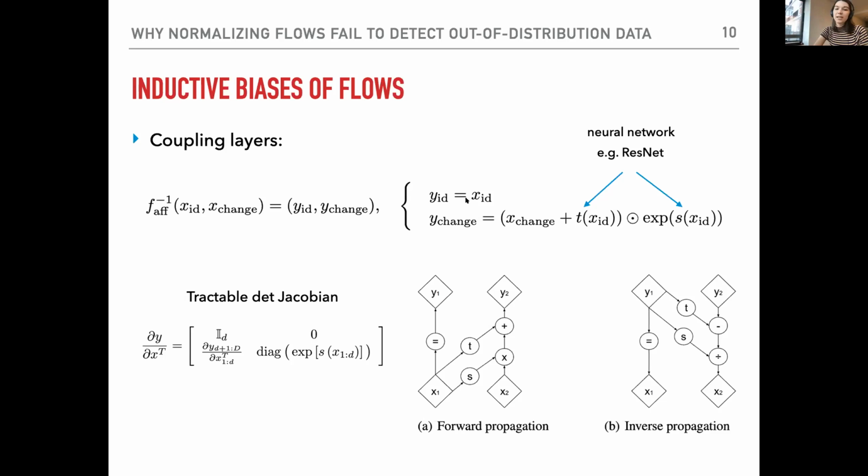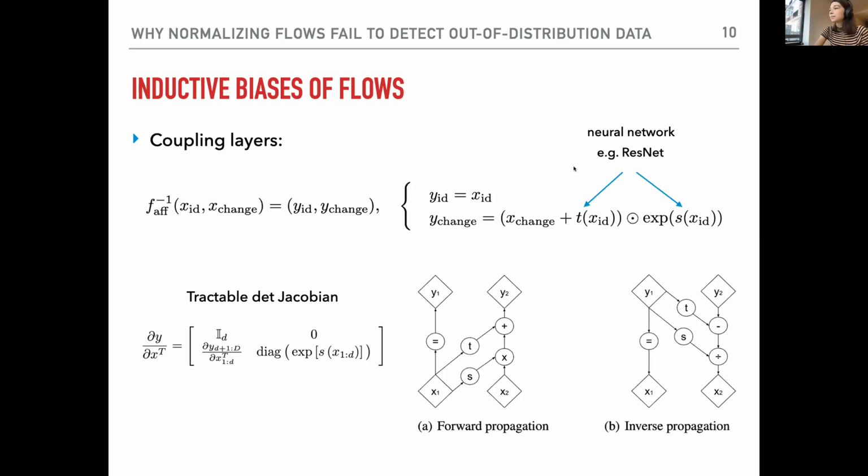The first part, x_id, is just copied to the next layer directly to y_id. And the second part, x_change, is changed with an affine function where the scale and shift are predicted by a neural network like a ResNet based on the x_id part.